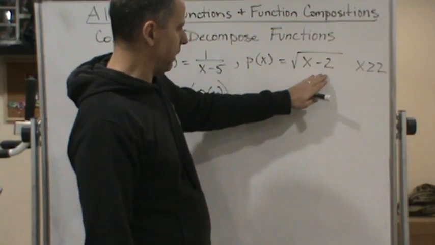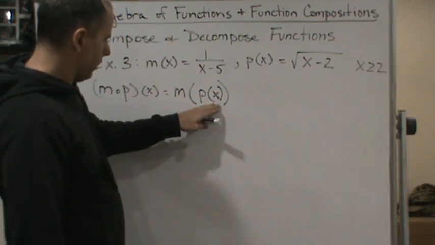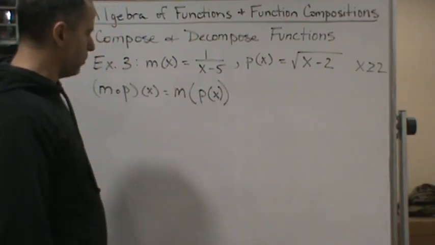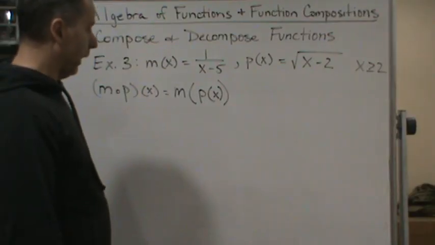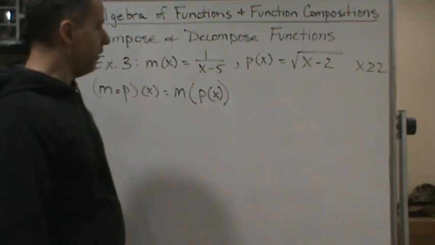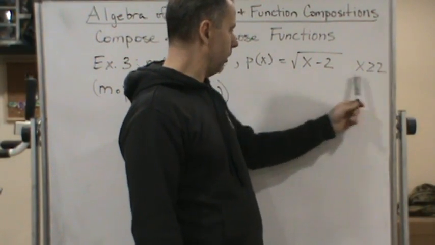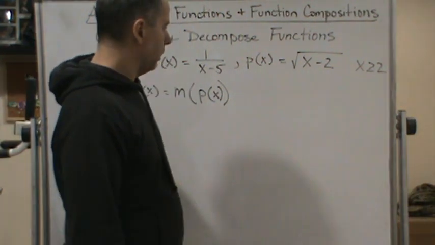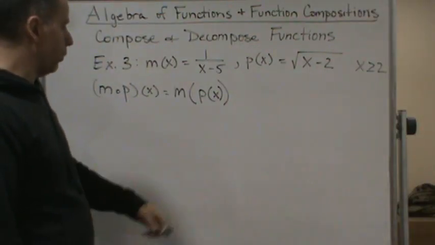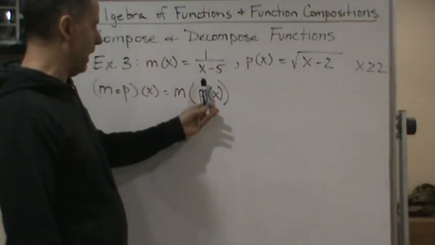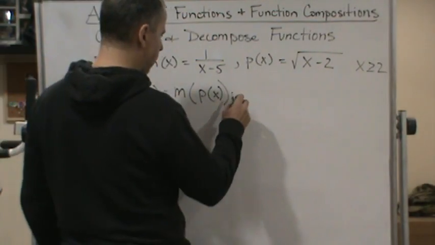Well, you get a radicand of 25, and the square root of 25 is 5, which means 5 can't be in here because you'll get a restricted value. Because then you get 0 in the denominator. So even though 27 is okay for p, 27 is not going to work because p of 27 gives you 5, and 5 cannot go in there. But anyway, let's move on and see what we get here.